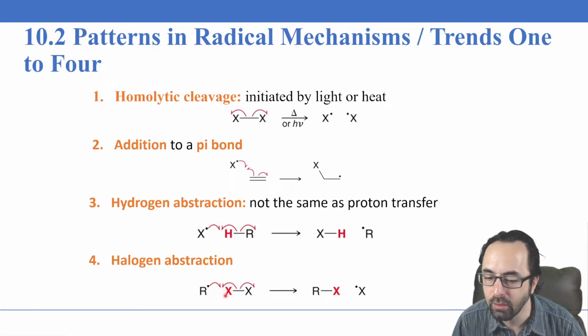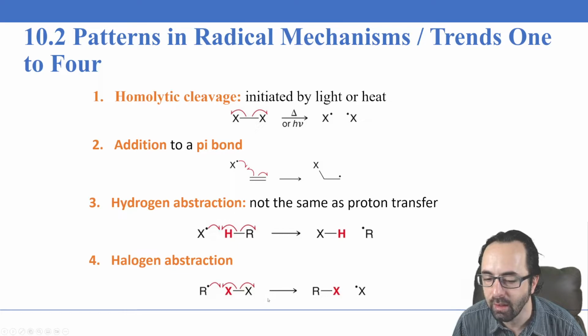Another one is halogen abstraction, which works in a similar way, but instead of a hydrogen atom, you have a halogen here. Again, the radical uses its one electron, and then one electron from the bond here goes into making the new bond between the former radical and this X atom. X, again, is usually representing halogen atoms.